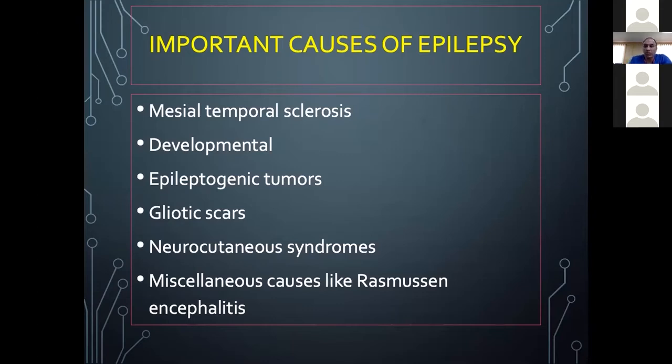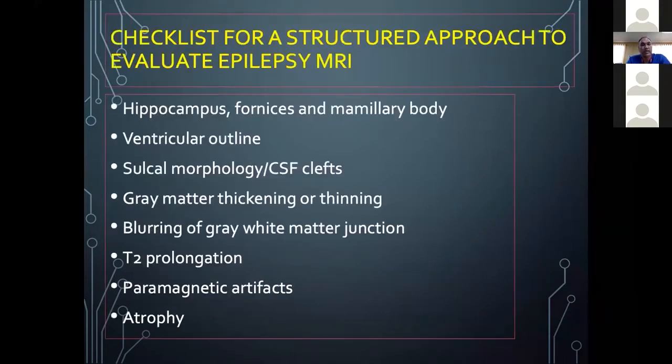So these are the common causes of epilepsy: MTS, developmental problems, epileptogenic tumors, gliotic scars, neurocutaneous syndromes, and entities like Rasmussen's. So we must have a checklist for a structured approach, which includes looking at the hippocampus, fornices, mammillary body, ventricular outline, so that you can identify heterotopias, sulcal morphology or CSF clefts, gray matter thickening or thinning in any focal area.